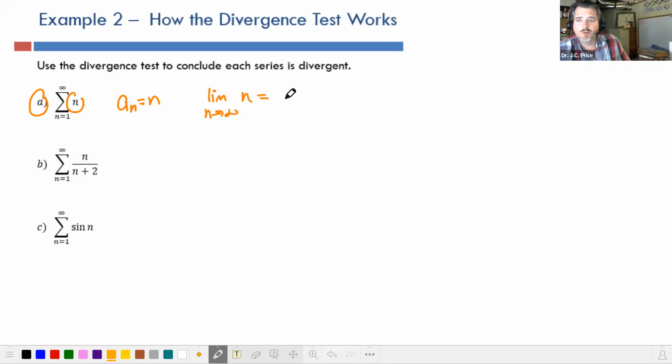And of course, that's equal to infinity, which is not equal to 0. So therefore, my series S diverges by the divergence test.